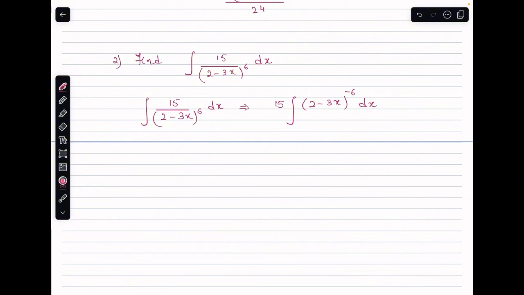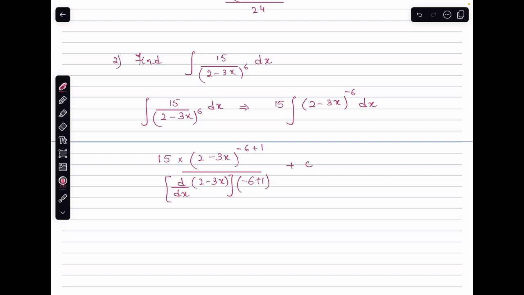So it is 15 times (2 minus 3x), and to this power, which is negative 6, I should be adding a 1, and at the same time dividing it by the differential of 2 minus 3x, and also dividing by negative 6 plus 1, which is negative 5, and add a constant.